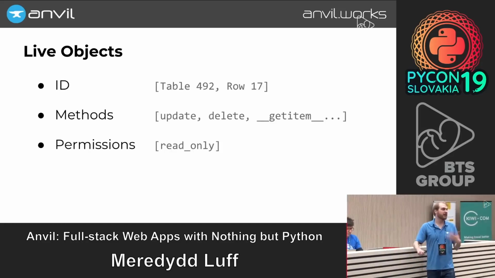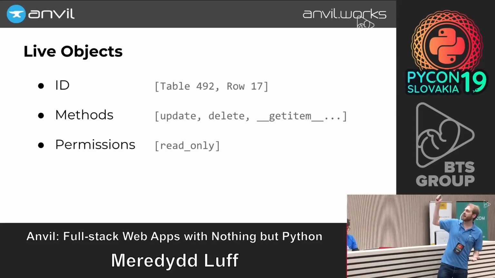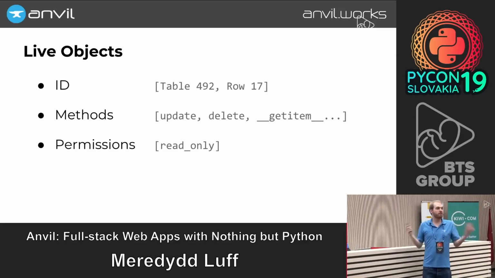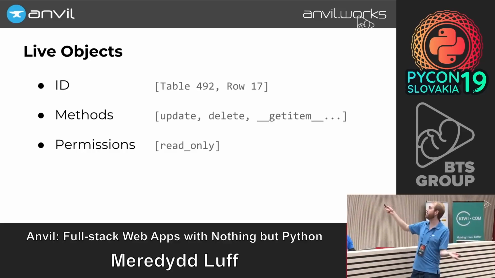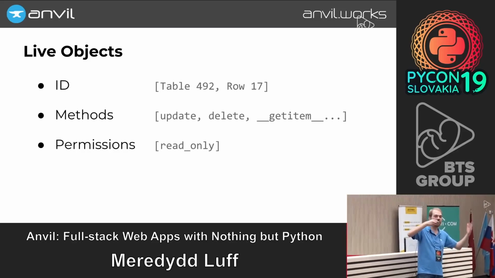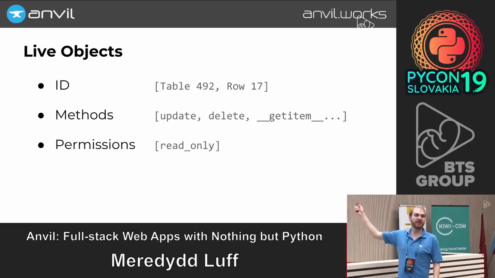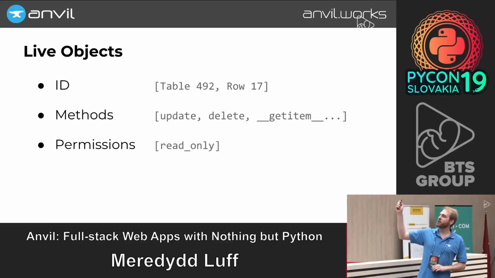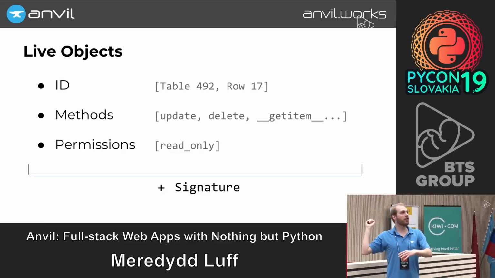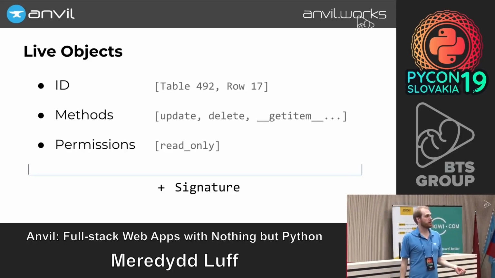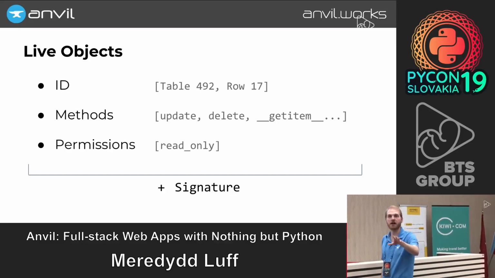So this is how it's actually implemented. Every live object has an identifier. This is this table, this row. It's got some methods we can call on it: update, delete, get item, which lets you access things with square brackets, set item, and so on. And, of course, a set of permissions, in this case, read-only. Then we take a digital signature over the whole live object with a key that is known only to the server. So every time we send a live object to the client, it's signed.